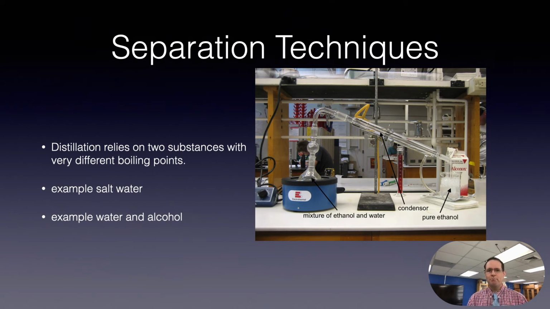So if we put a mixture on the lower left there containing water and ethanol, and we boil the mixture, the lower boiling point ethanol will boil off first and condense in that condenser tube, okay? And it'll collect onto the lower right, all right? And the purpose of using ice there, below the collection bulb, which you can't really see, is to prevent the ethanol from evaporating and escaping. Obviously, that's what you want to obtain for whatever research purposes, of course.